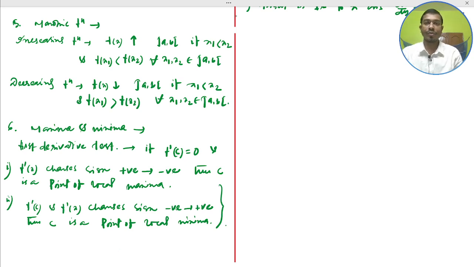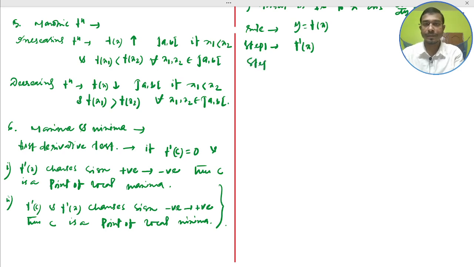And next, the rule for finding maxima and minima. Step 1: let y equal to f(x) be a function. First find the first derivative f dash x.